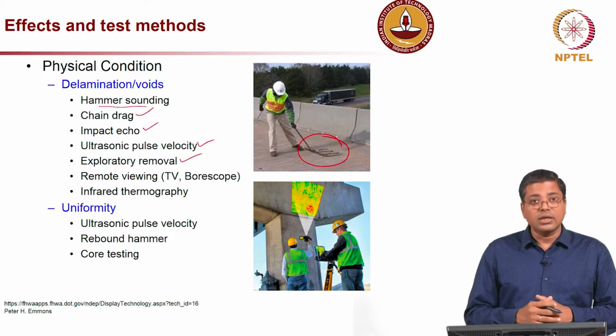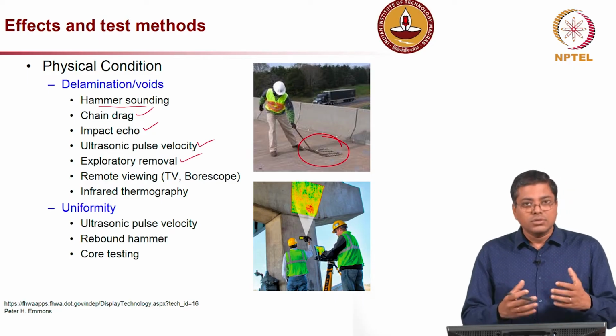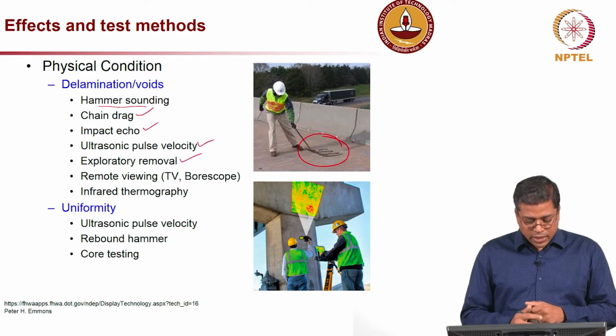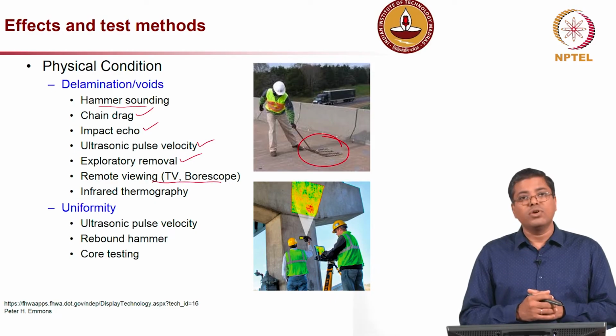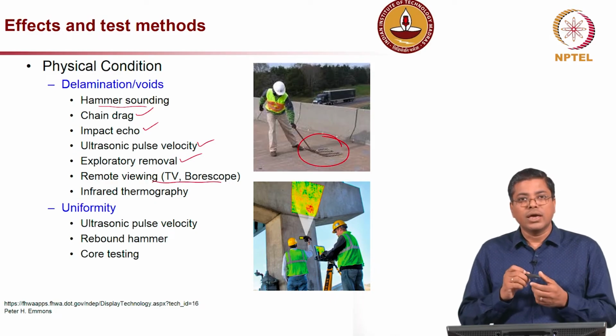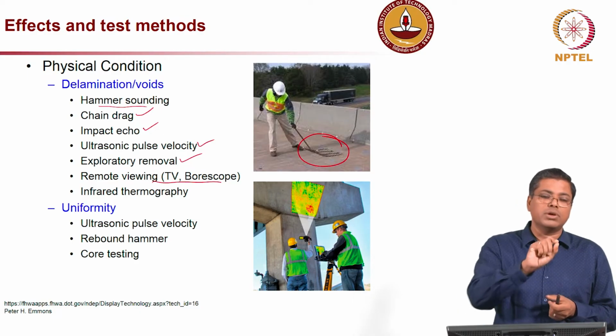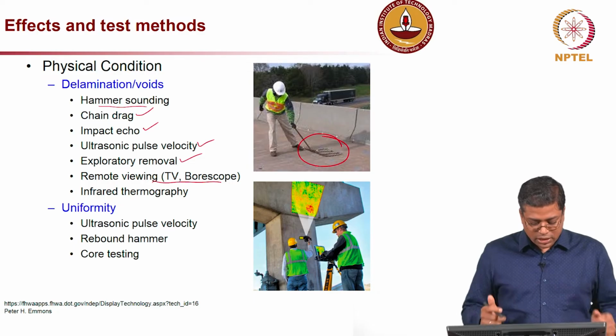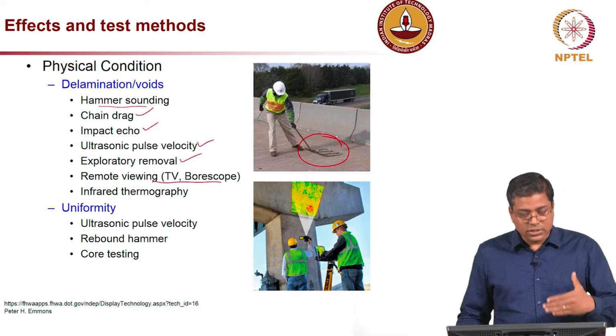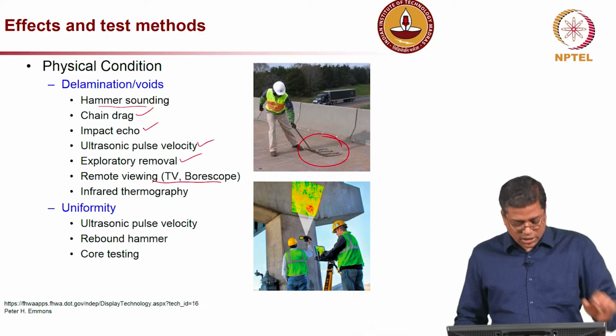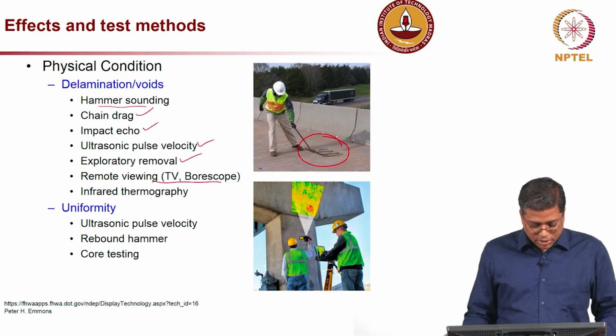And exploratory removal: you remove the concrete just to see what is inside. And remote viewing, which is mainly by inserting a camera into a small drilled hole and seeing what is inside. Not a full scale damage, just a small hole to see what is inside the concrete element.